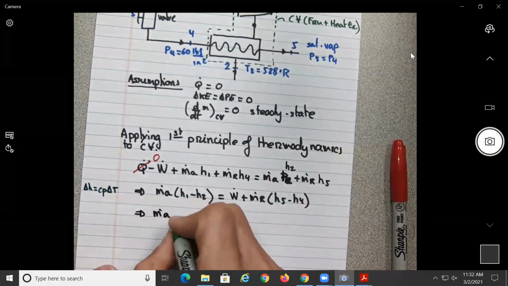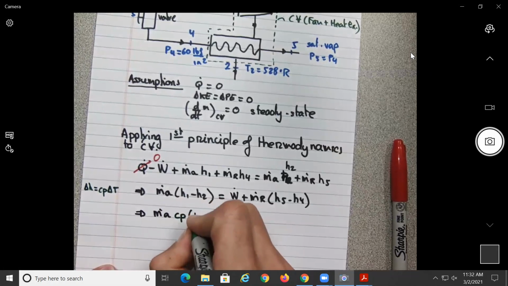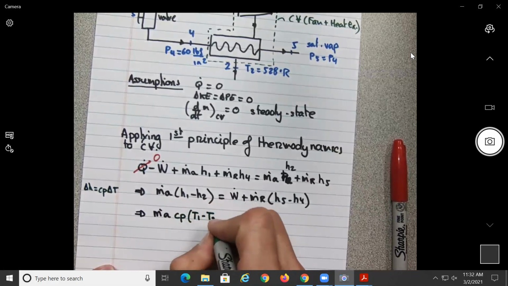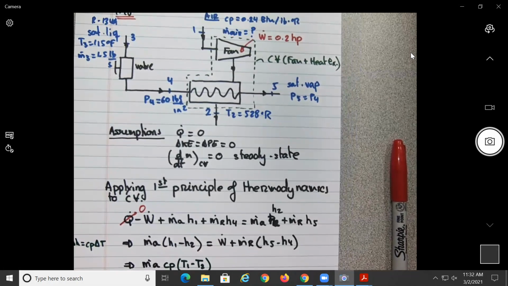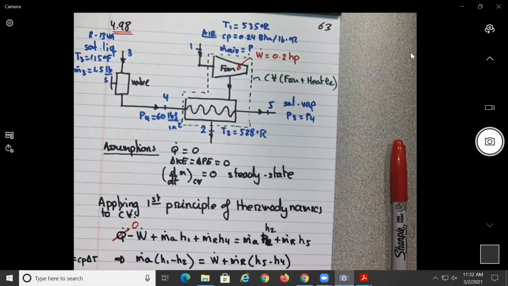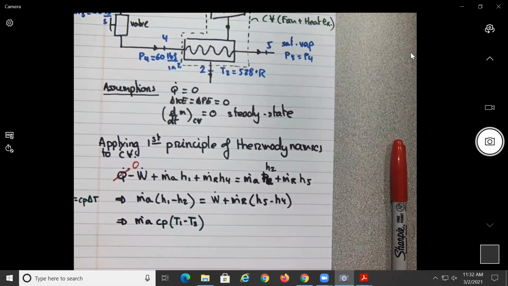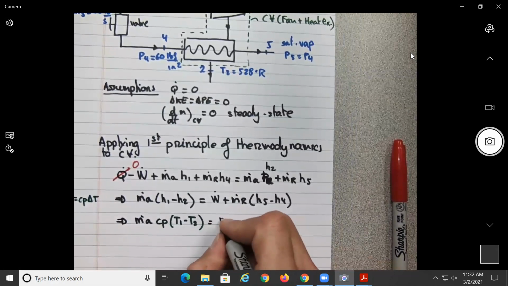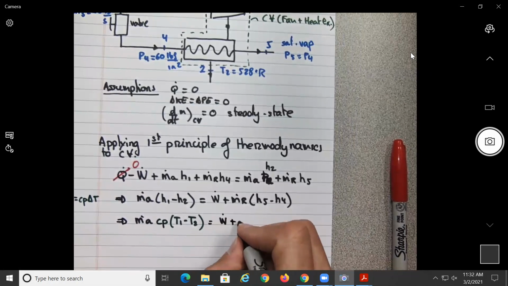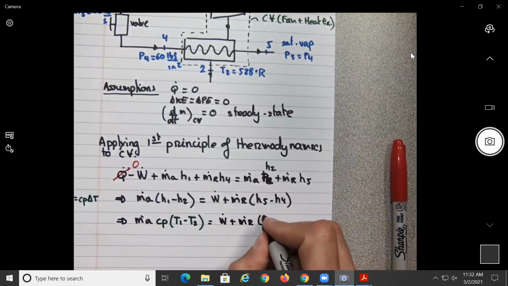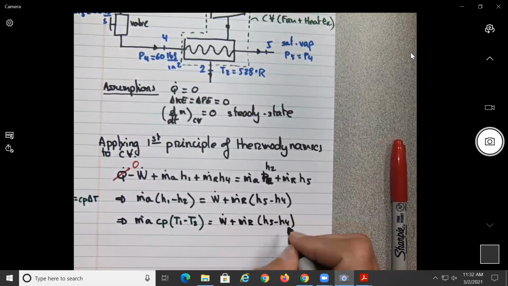Otherwise, you could use the tables. So Cp times T1 minus T2. We know T1, we know T2, we know Cp. And this will be equal to the power that is going into the fan plus mass flow of refrigerant, H5 minus H4.